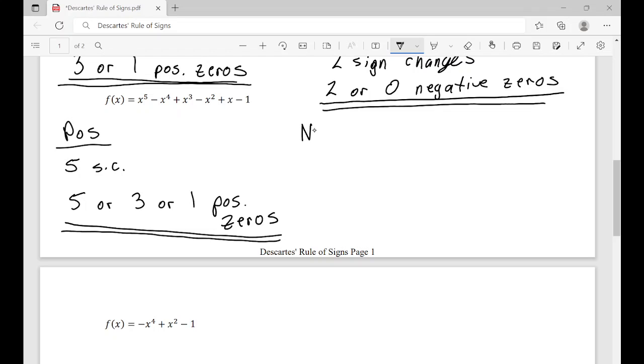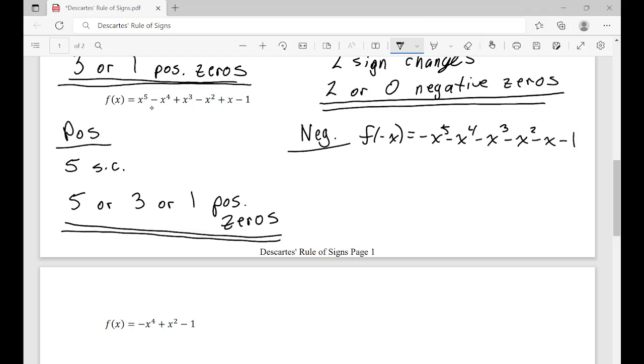Now again for negative, got to put in our negatives in there, so I'm going to skip all the even ones because those are not going to change, but the odd ones are all going to change, so it's going to end up giving me f of negative x equals negative x to the 5th minus x to the 4th minus x cubed minus x squared minus x minus 1.